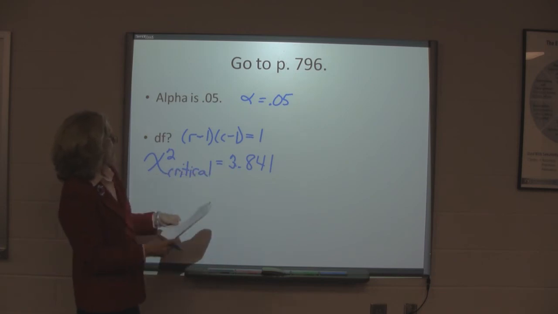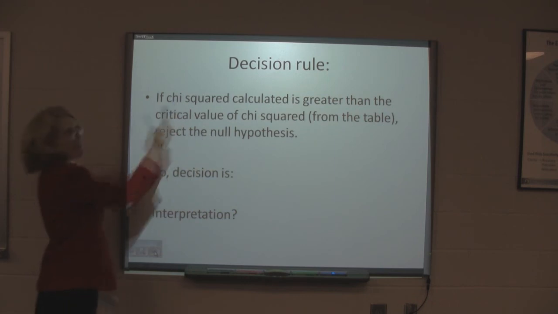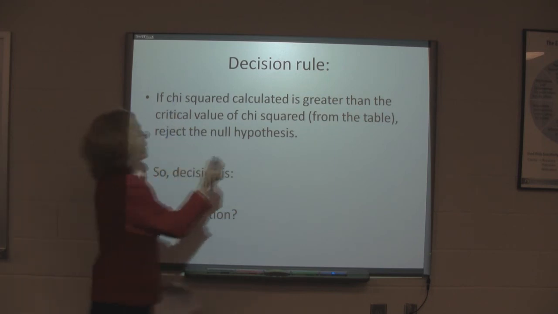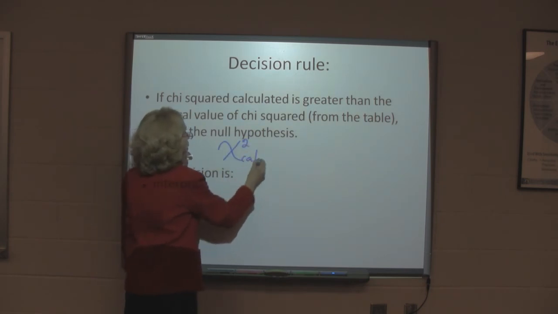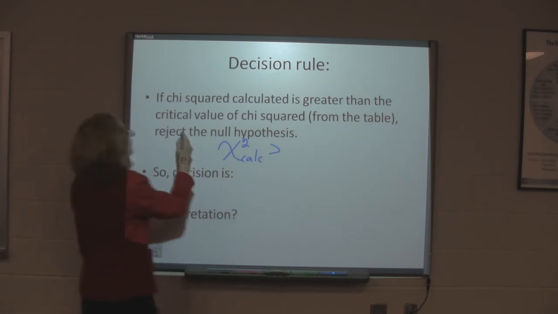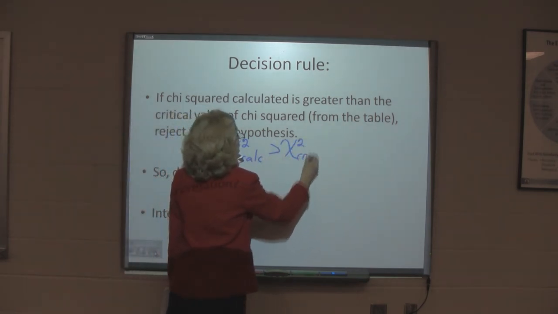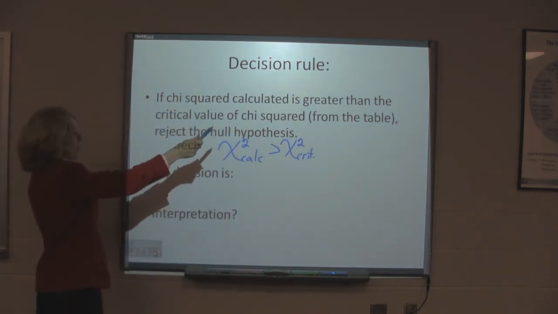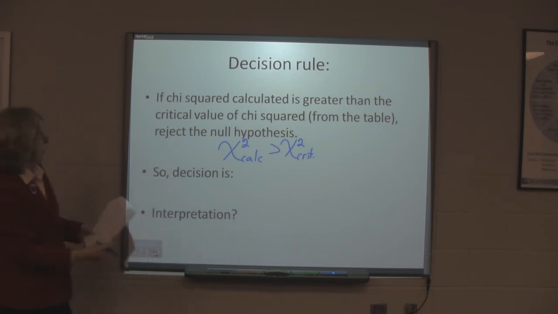And remember, the calculated value was 0.7576. Now, the decision rule. If chi-square calculated is greater than chi-square critical value from the table, page 796, we reject the null hypothesis.